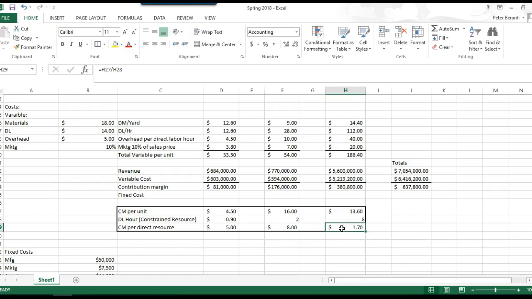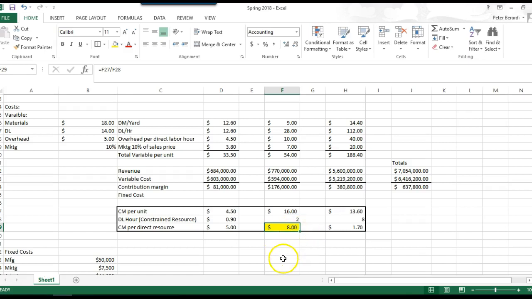Which of the 3 product lines makes the most profitable use of the constrained resource? Your answer is going to obviously be the highest on the constrained resource, which is $8. Understand the question. It says what is the most profitable use of the constrained direct labor?